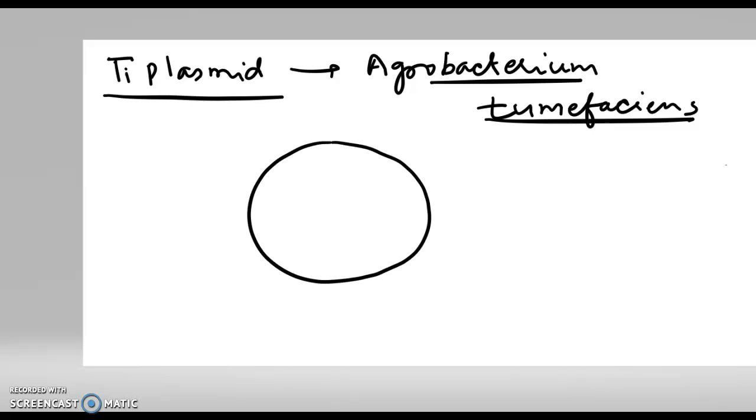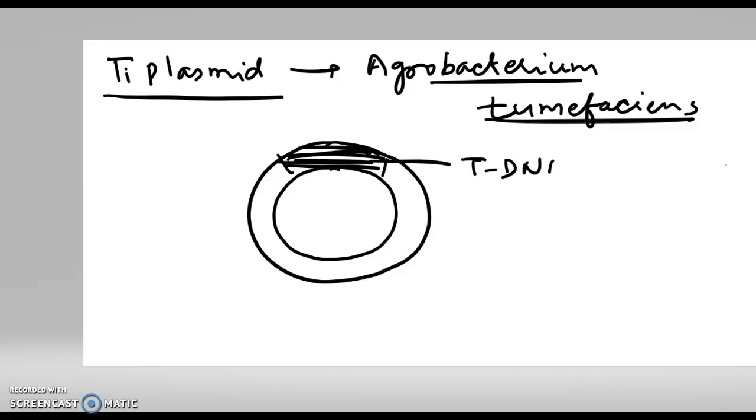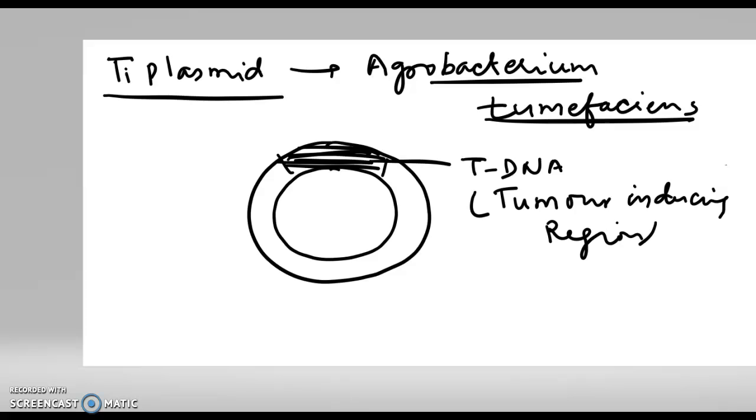In this vector, there is a portion known as the T-DNA region, and this is the tumor inducing region. We can introduce the gene of interest in this portion. This will disrupt the function of the tumor inducing genes. We can disarm this portion of the tumor inducing genes, and the gene of interest can be inserted in this part and that can be cloned.